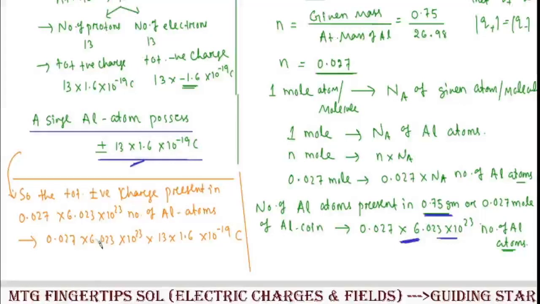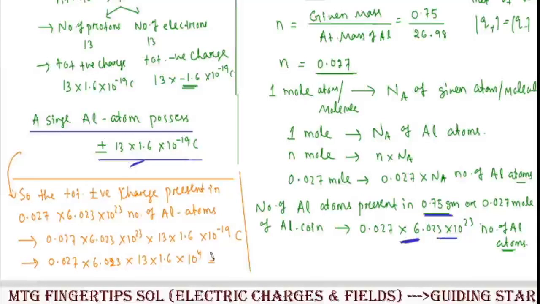Clear? तो इसको अगर हम फर्दर कैलकुलेशन करेंगे तो ये कितना आएगा? 0.027 into 6.023 into 13 into 1.6 into 10 to the power 23 - 19. So it will be 10 to the power 4.